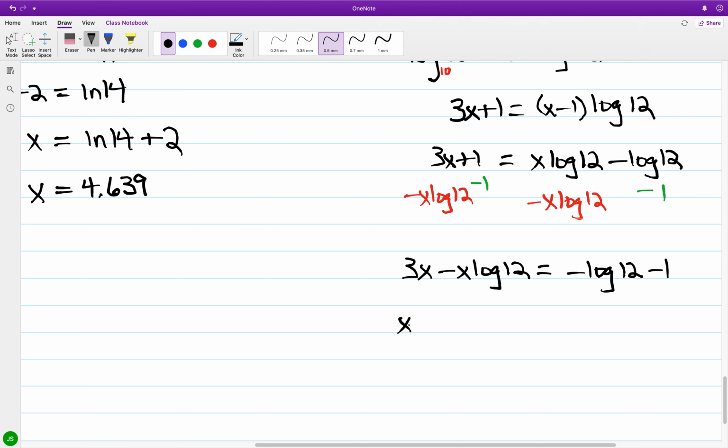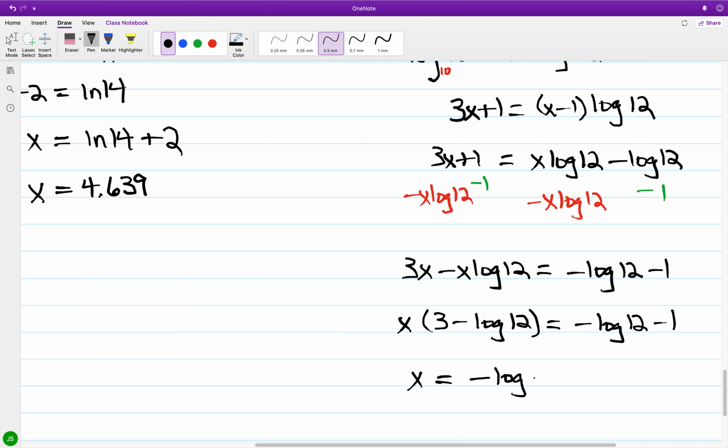Factoring out x, we have x times the quantity 3 minus the base 10 logarithm of 12, equal to the negative of the base 10 logarithm of 12 minus 1. Isolating x, if I divide out, I have minus the base 10 logarithm of 12 minus 1, all over 3 minus the base 10 logarithm of 12.